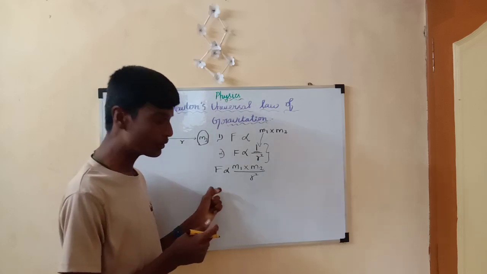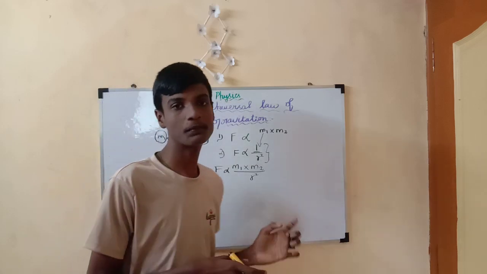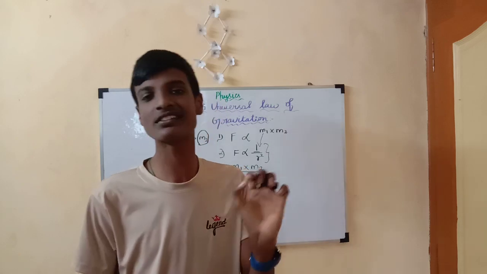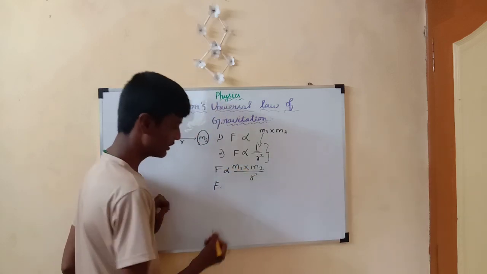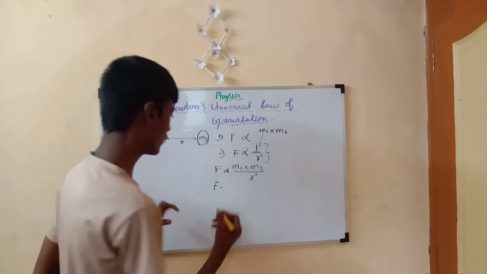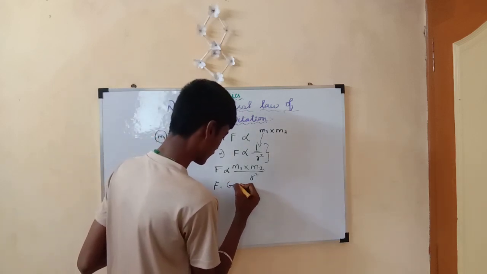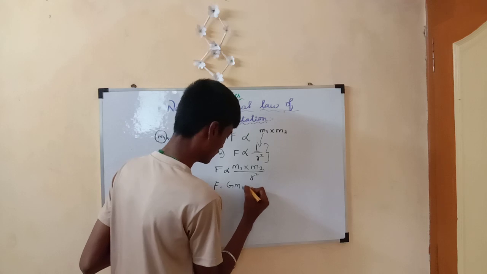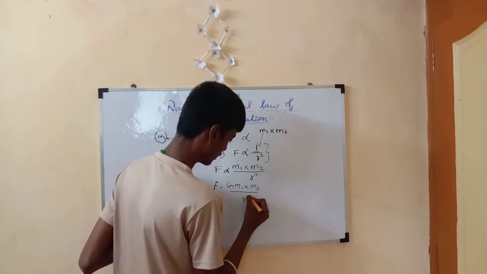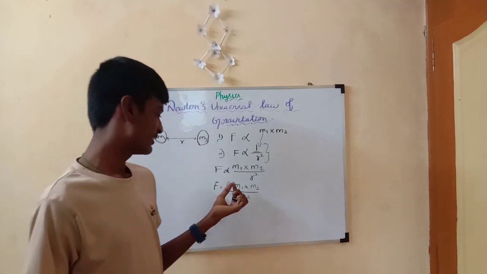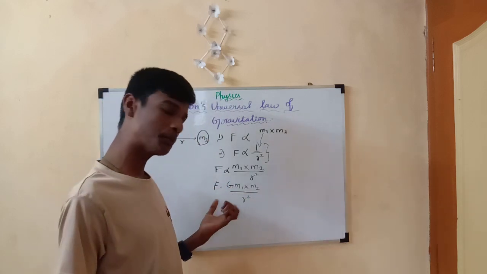So to make it an equality, we have to consider a constant value. For that, F is equal to, we put a constant G times M1 into M2 by R square. Here G is a constant value. Why do we put G?